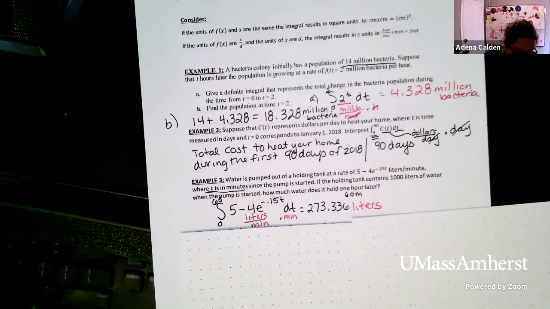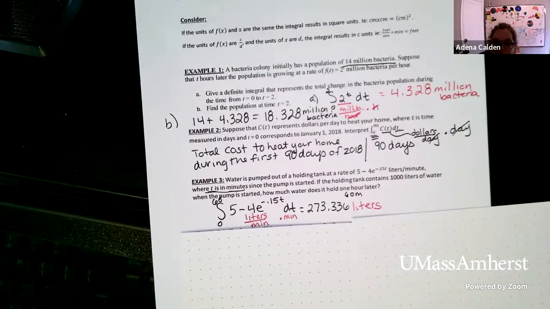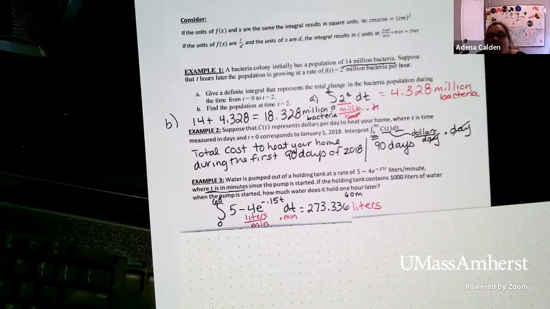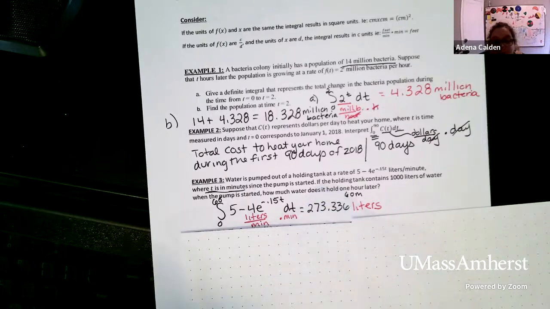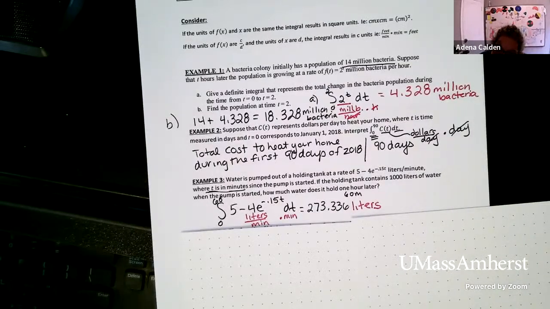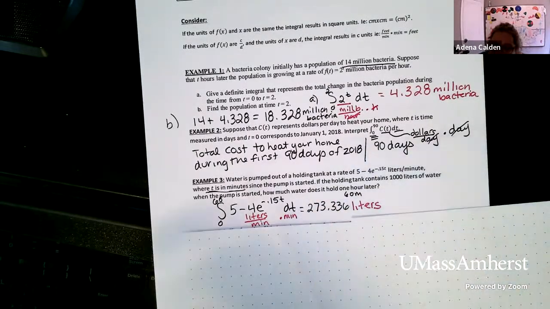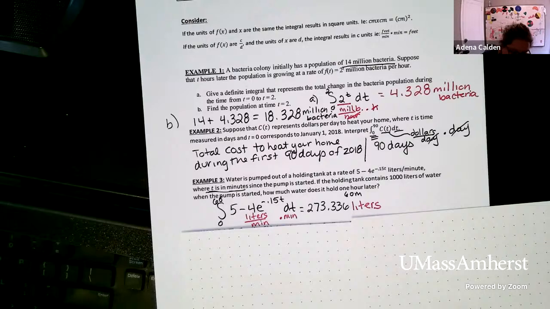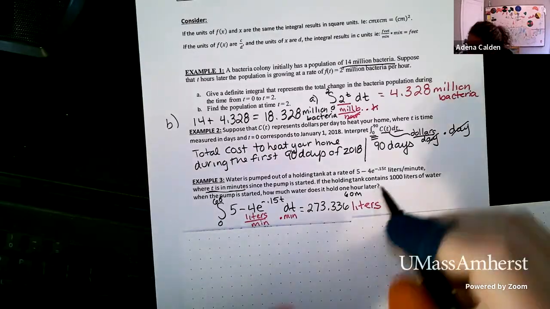Now, what do we do with that information? Well, we're told that the tank is containing 1,000 liters of water when the pump is started. What's tricky here is that we are told that this is the amount that is pumped out. So if we started with 1,000 liters and we pumped out 273 liters, we need to subtract that number from 1,000 to see how much is left.